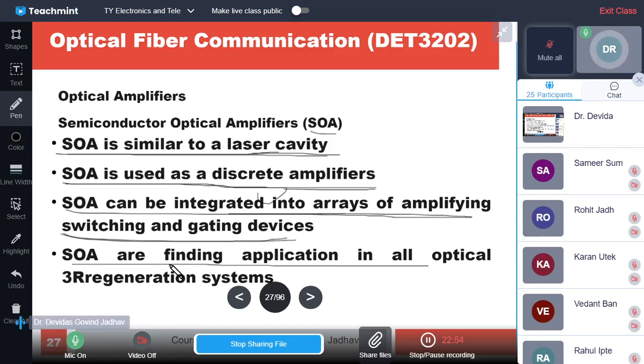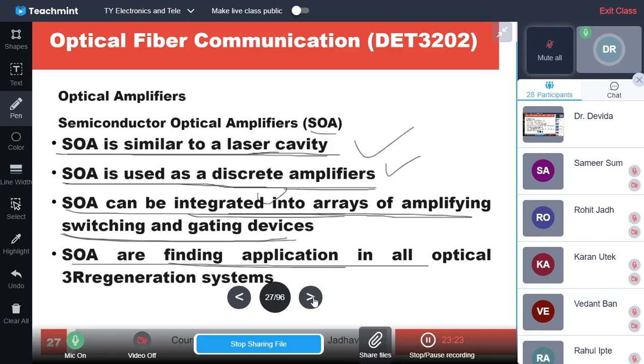It is a laser cavity, and it can be used as discrete amplifiers for all the channels, and thereby it can be integrated into arrays of amplifying, switching, gating devices, and it is finding application in optical regeneration systems.